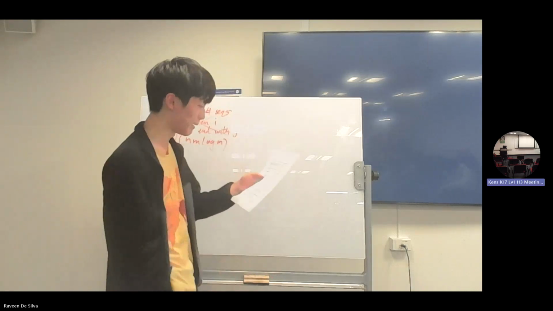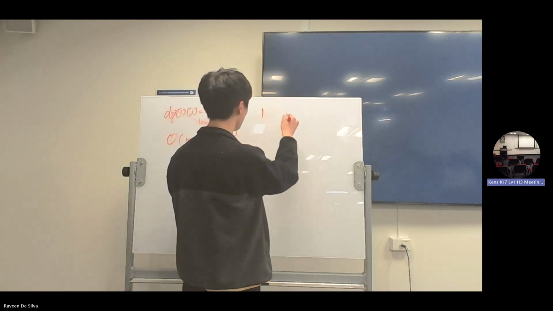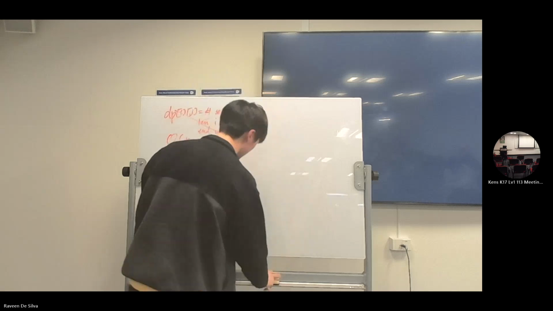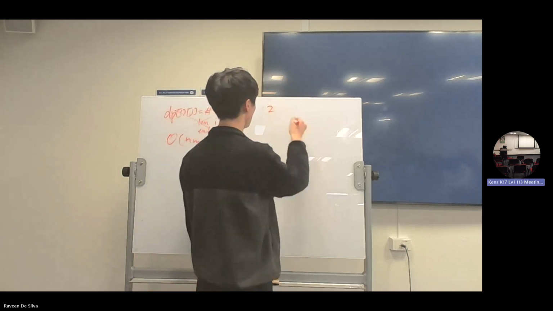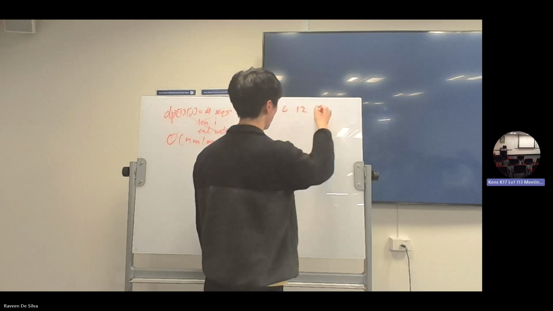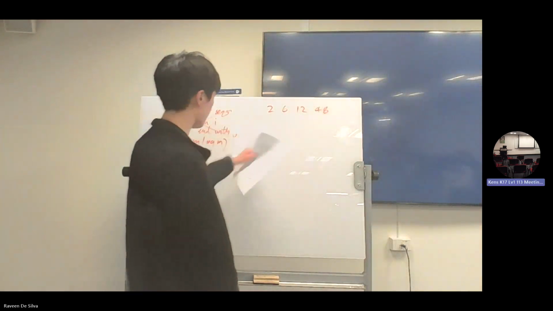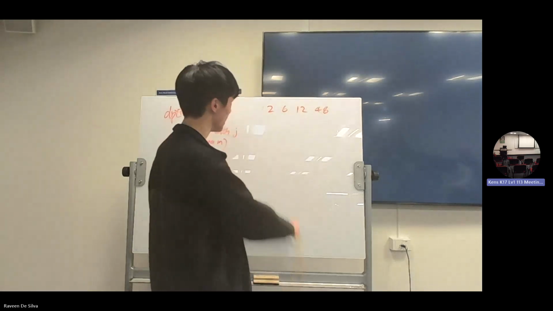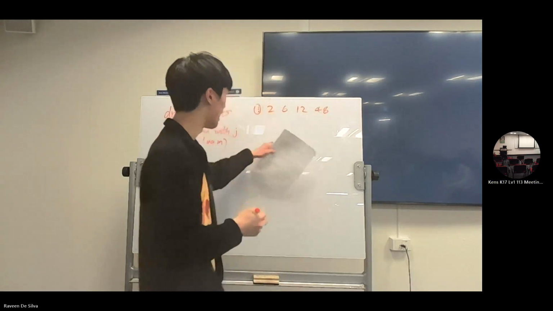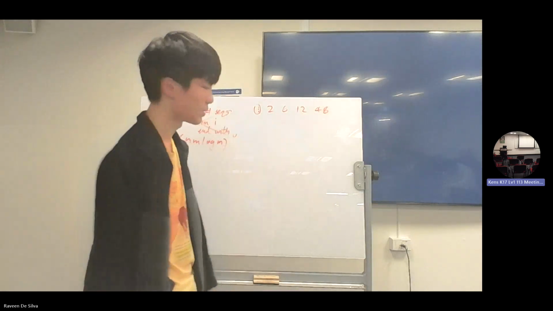So what you can do instead is, for example, we have a sequence like 2, 6, 12, 48. You can think of it as having an invisible 1 at the front, and instead turn the sequence into each number divided by the previous one.